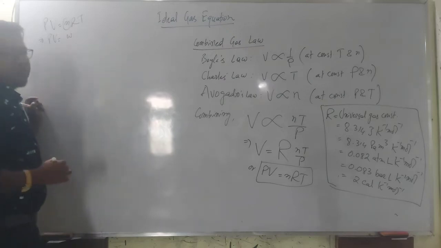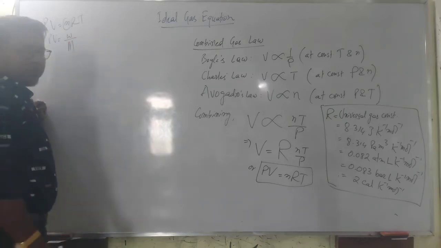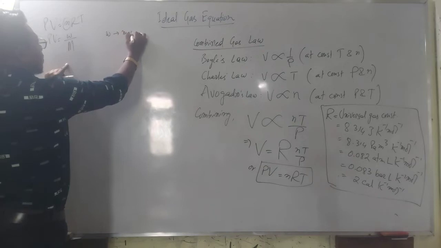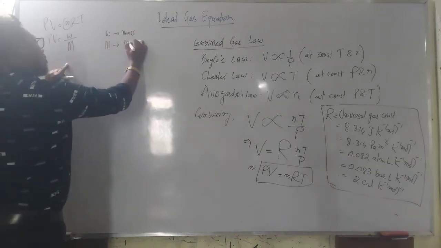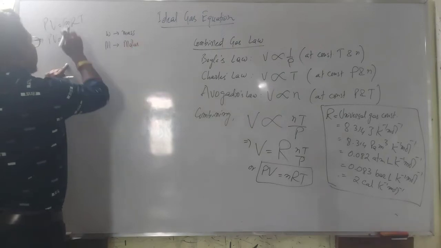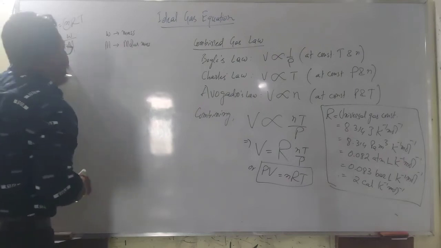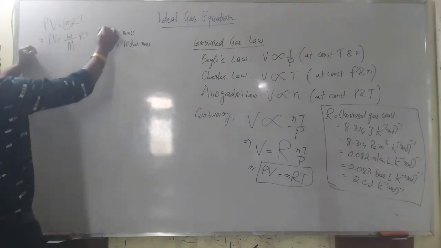Mass is represented by W and the molar mass is represented by capital M. So PV is equal to W by M into RT.